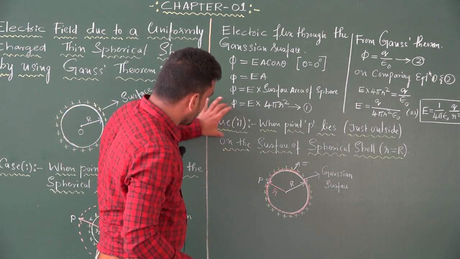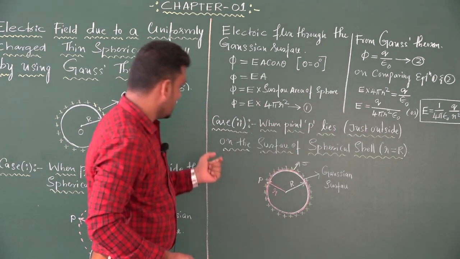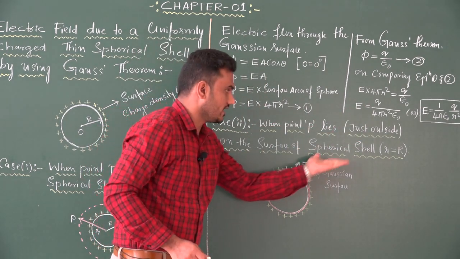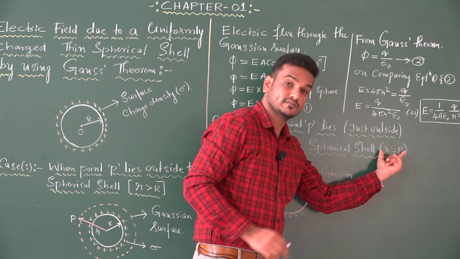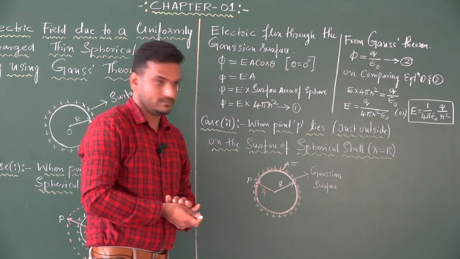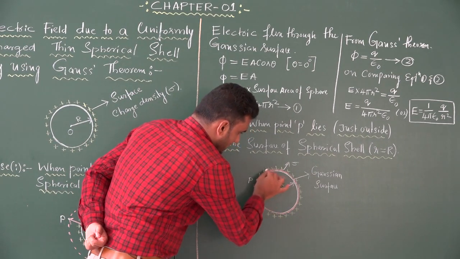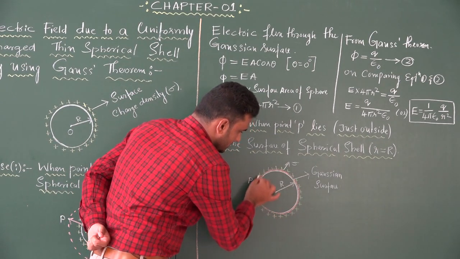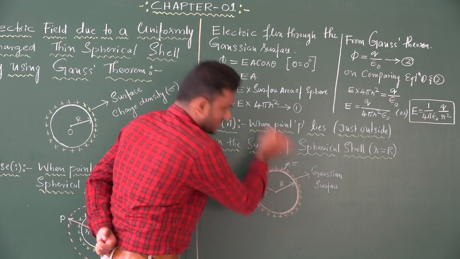Case number 2. When point P lies just outside or on the surface of a spherical conductor. So in this case, small letter r is equal to capital letter R. Look at the diagram, you will get to know. Again I consider a uniformly charged spherical conductor having surface charge density sigma.